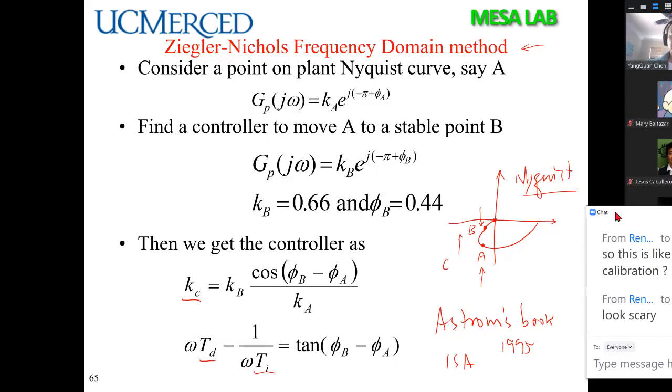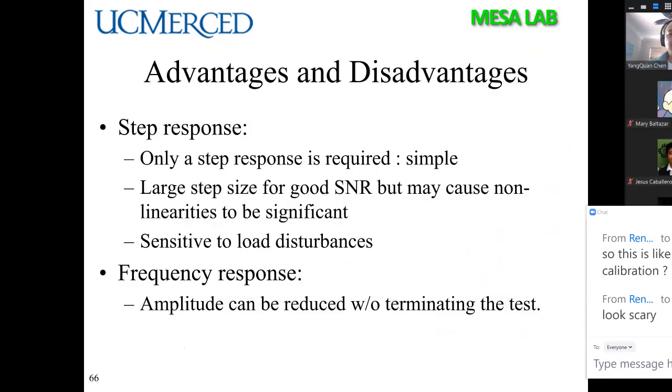Okay. So basically, we are not talking about the frequency method here. We prefer to do a step response, okay? But in the step response, we hope to have a good SNR, signal to noise ratio. If your signal to noise ratio is infinity, that means your noise is 0, okay? It's noise free.